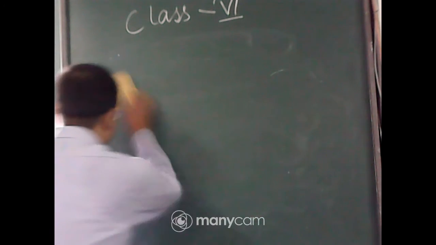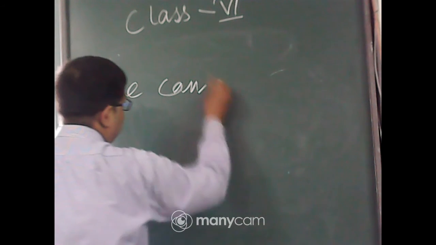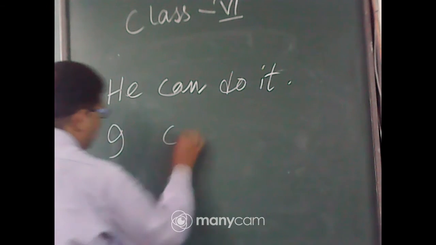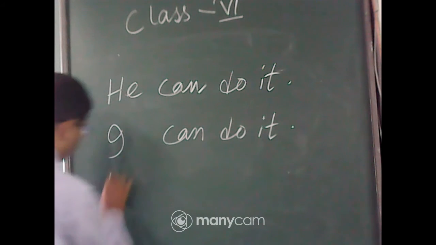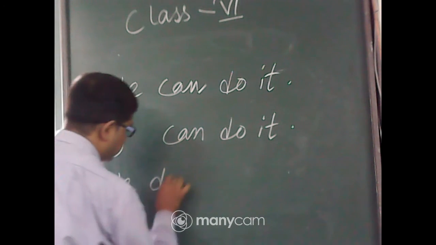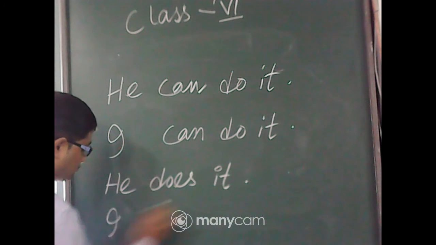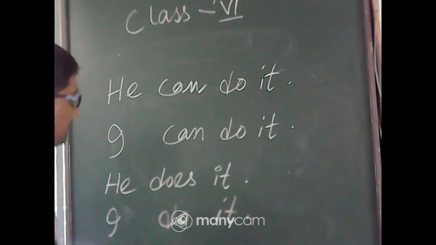Such as, I want to tell you, he can do the work, he can do it, I can do it, he does it, I do it. Just see the four sentences that I have written.